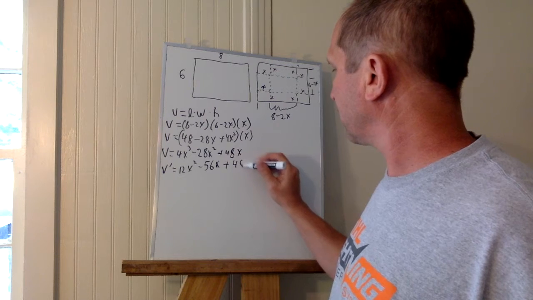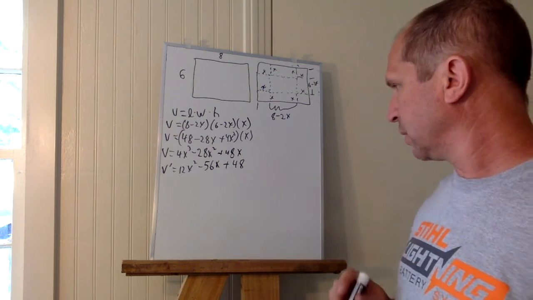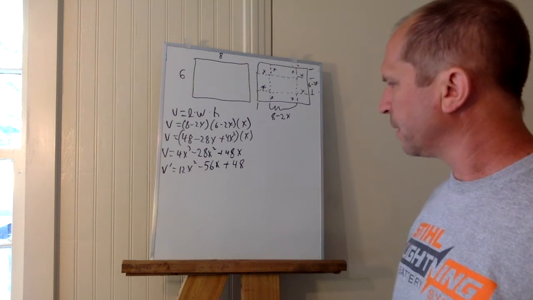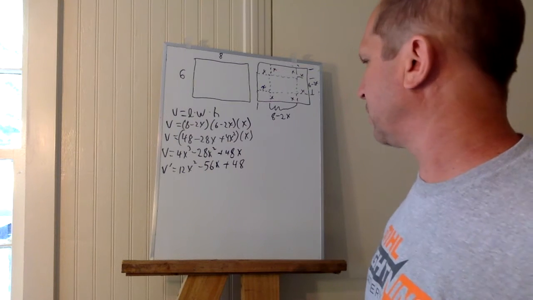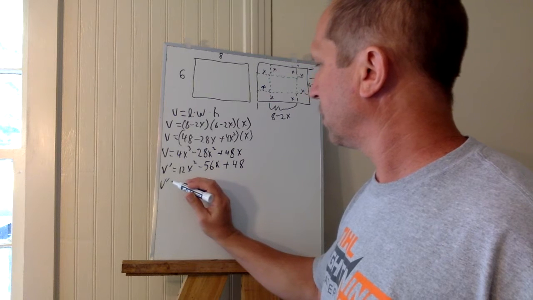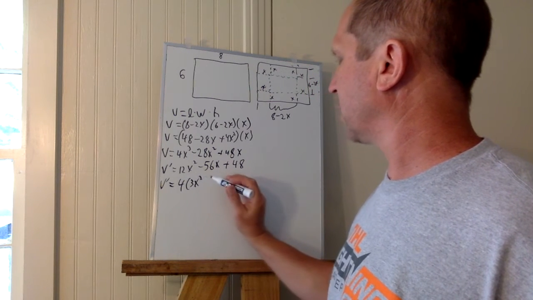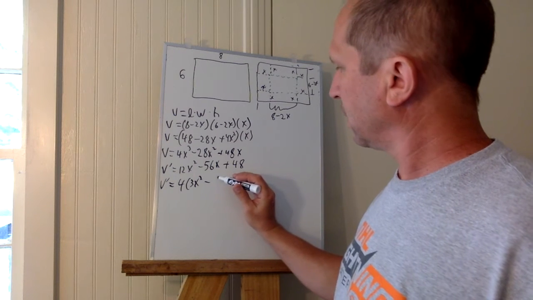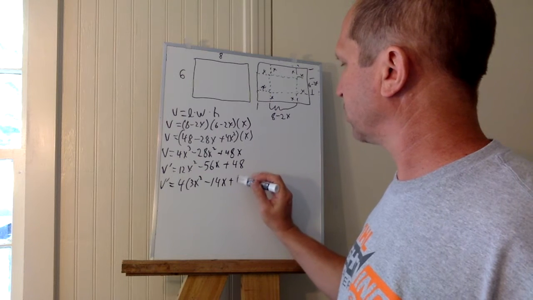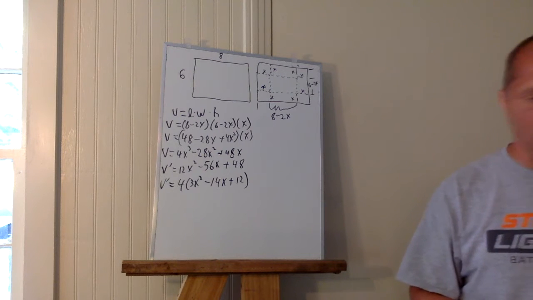All right, from here, what is the largest factor of everything? 56 is not divisible by 12. So I guess 4 is going to be the largest factor in here. So let's factor out a 4. So we get 3x squared minus 14x plus 12.